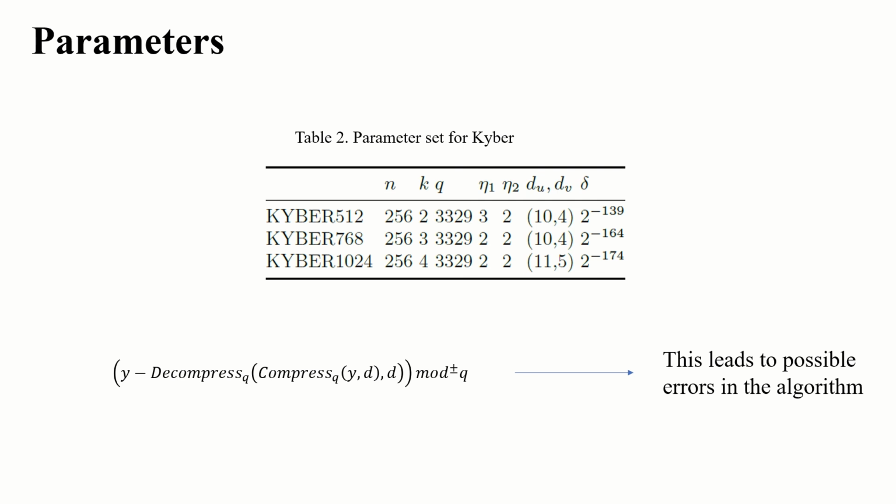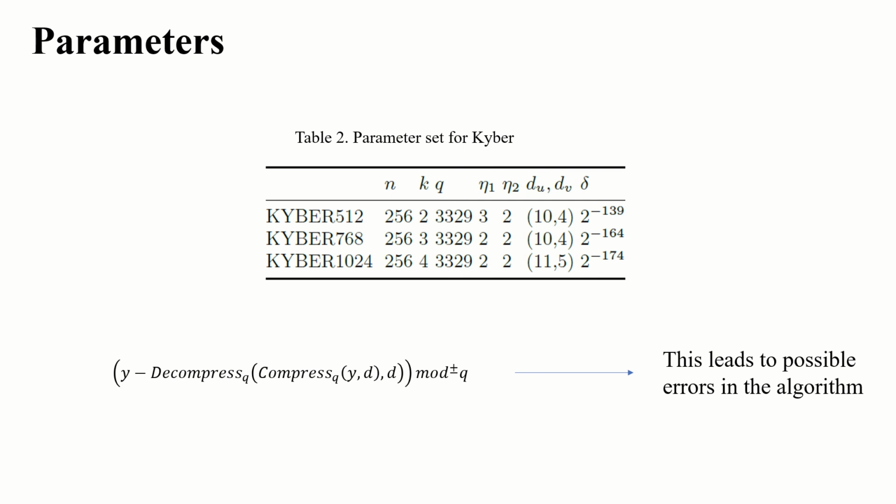However, for those primes, they would not be able to achieve the negligible failure probability required for CCA security. So they choose the next largest, that is, q is equal to 3,329. k is selected to fix the lattice dimension as a multiple of n. Changing k is the main mechanism in Kyber to scale security, and as a consequence, efficiency, to different levels.